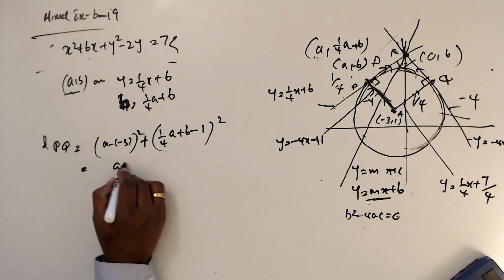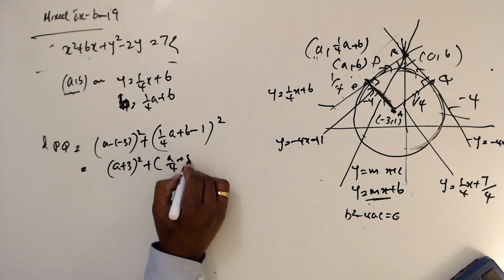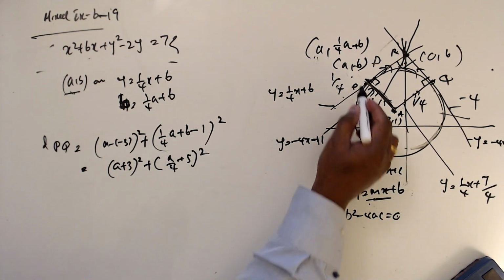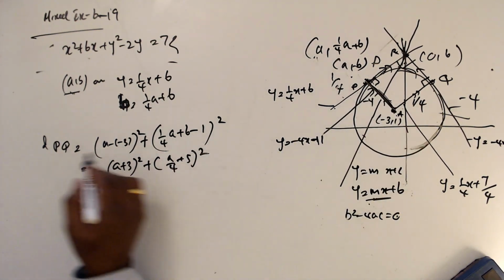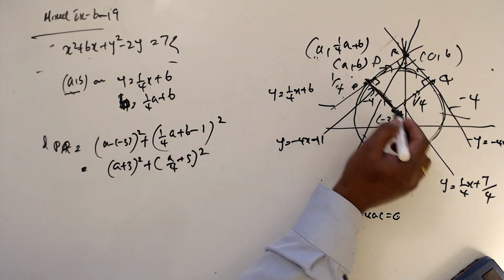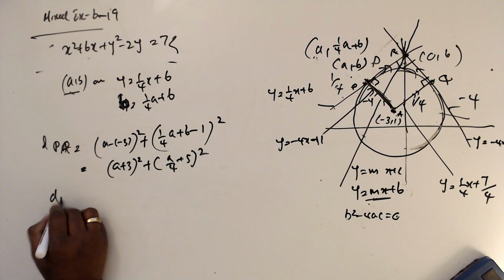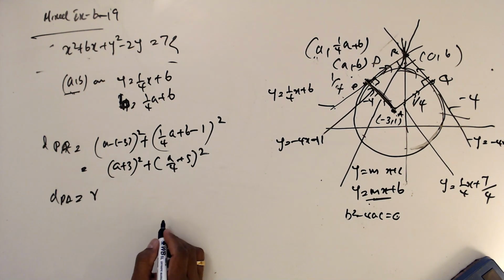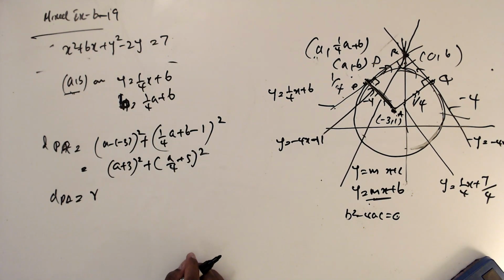So this is (a plus 3) squared plus (a over 4 plus 5) squared. But sorry, this has to be PA, not PQ. So d PA equals the radius. So we want to find the radius from here.